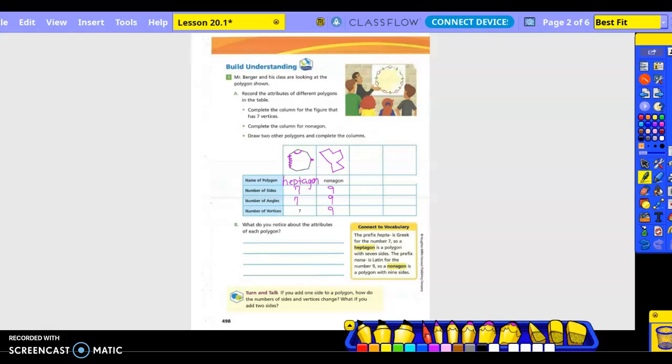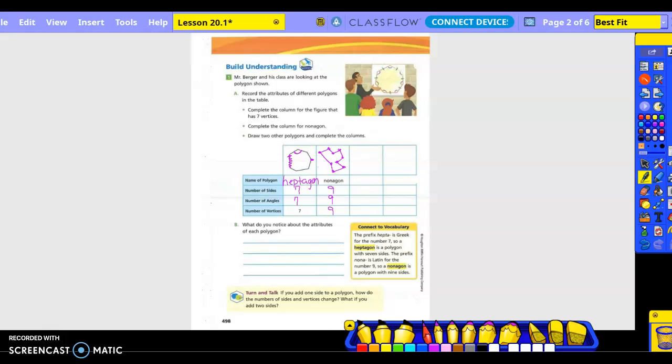Could your picture look different than mine? Yes. Basically we just wanted to have 9 sides, 9 angles, and 9 vertices. What are the little dots that I'm putting there? The vertices.